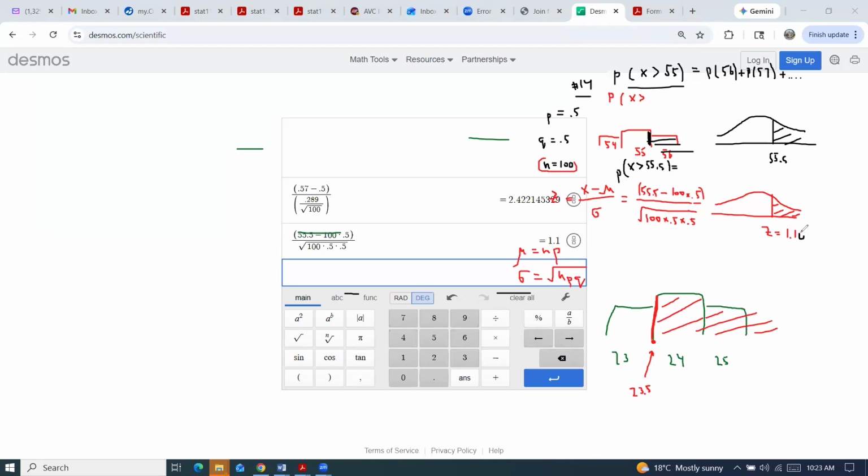See, the process is the same, and our goal from now on will be the same: convert to the normal distribution, so you can use the tables and find the probability, because otherwise you would have to do it for a long time. So I need to now go to my tables.